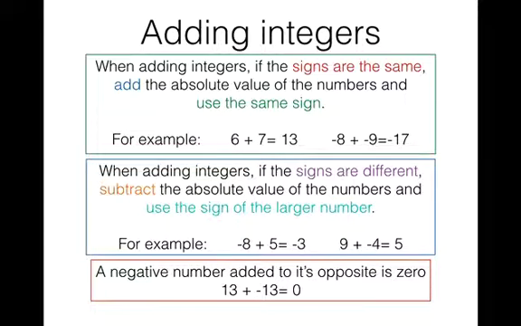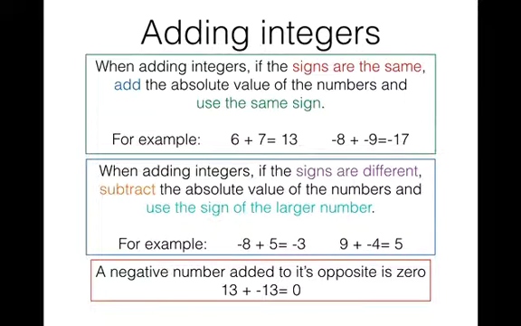Okay, so then you were taught about adding integers. There are 3 boxes, kind of like 3 rules on this part of the chapter. When adding integers, if the signs are the same, add the absolute value of the numbers and use the same sign. So for example, 6 plus 7 is 13, which we've known for quite a long time if you think about it.